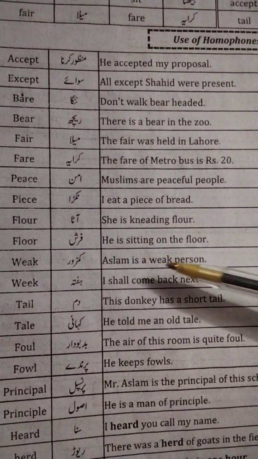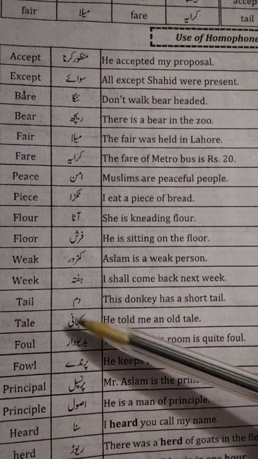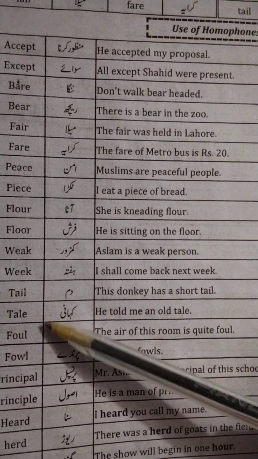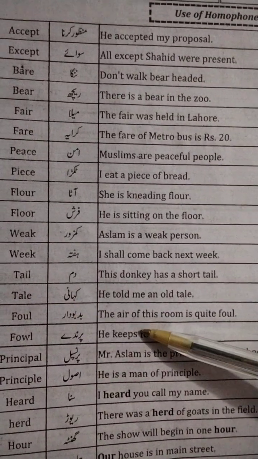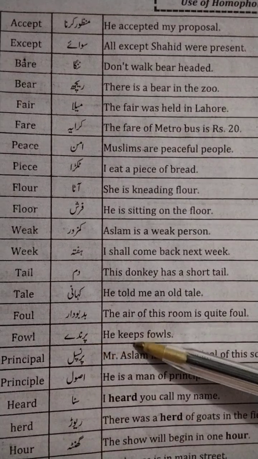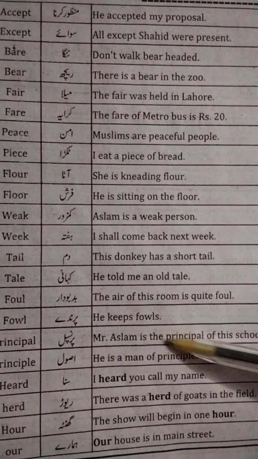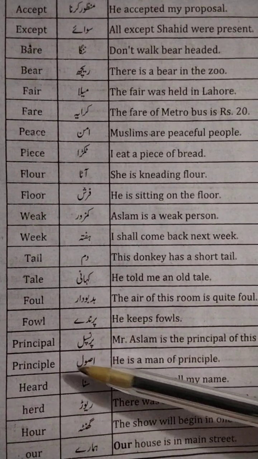Weak. Aslam is a weak person. Week. I shall come back next week. Tail. This donkey has a short tail. Tale. He told me an old tale. Foul. The air of this room is quite foul. Fowl. He keeps fowls. Principal. Mr. Aslam is the principal of this school. Principle.